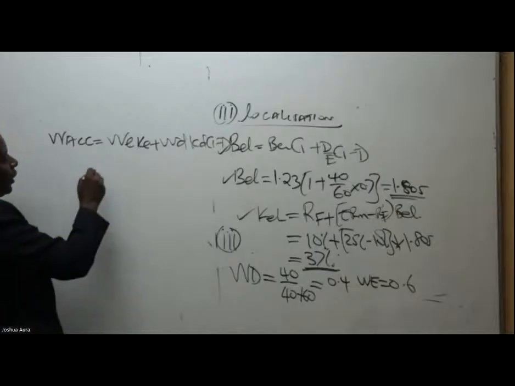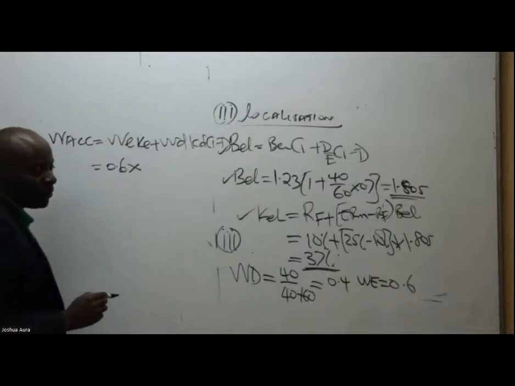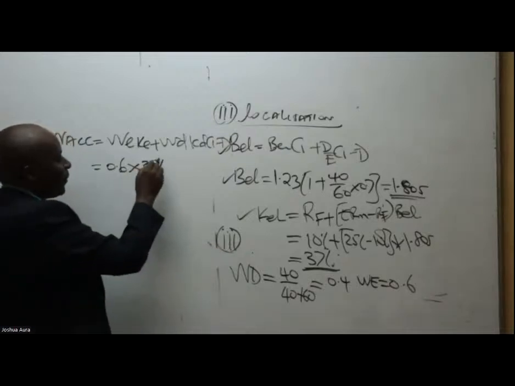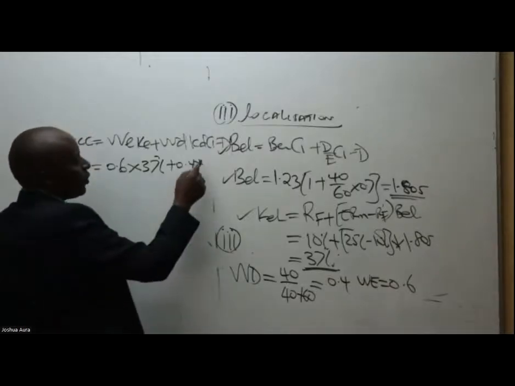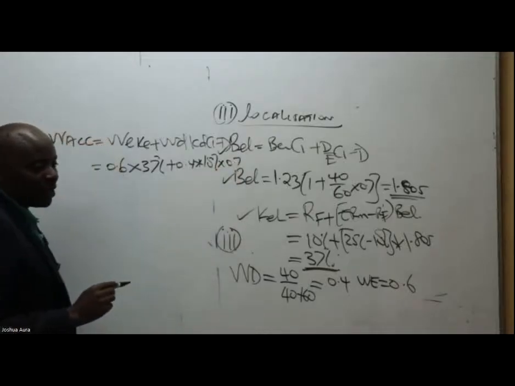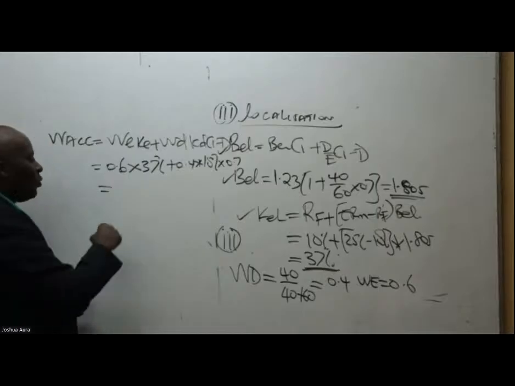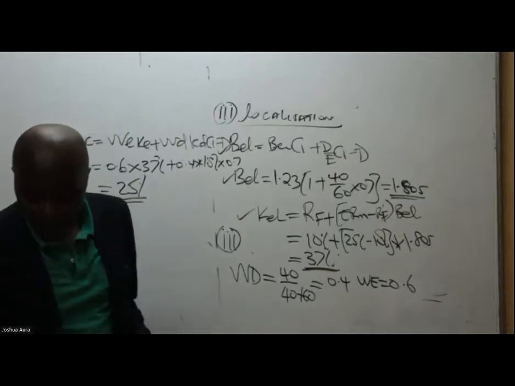Weight of equity is 0.6 times cost of equity, which is 37%, plus weight of debt 0.4 times cost of debt, which is the risk-free 10%, multiplied by 1 minus tax, which is 0.7. Which then at the end of the day will end up giving us what figure? I want to believe what Fatima and the rest were giving me is very correct.